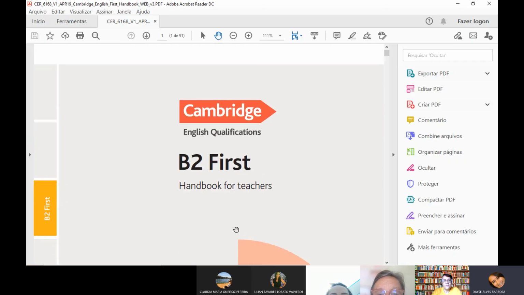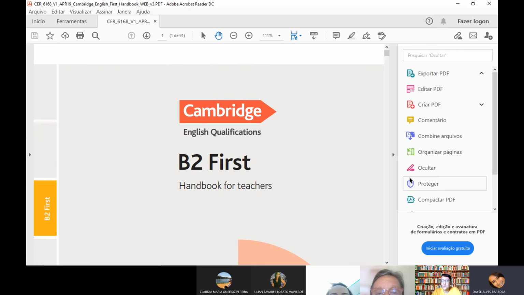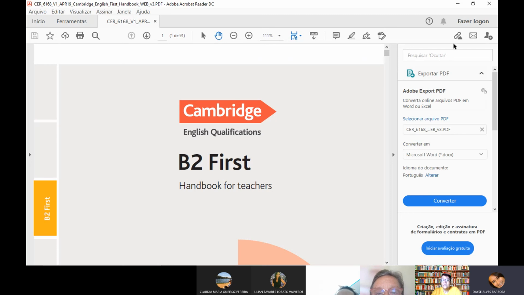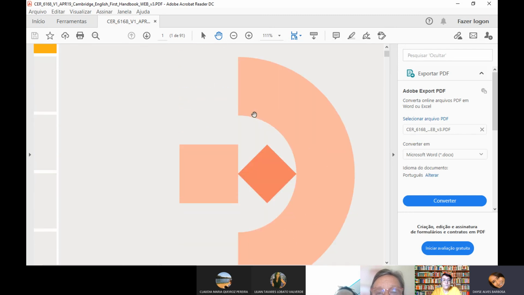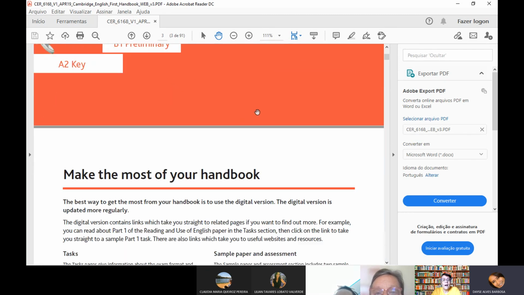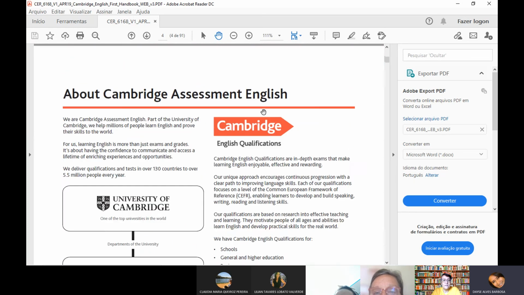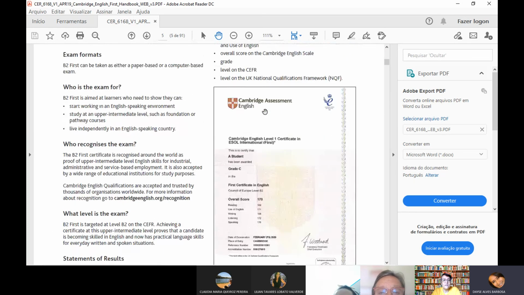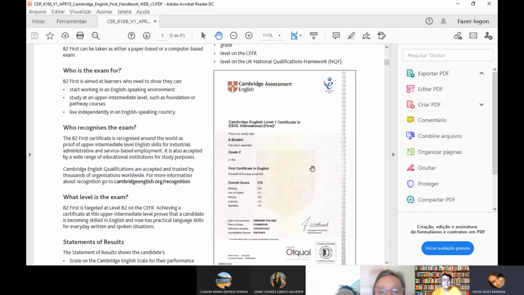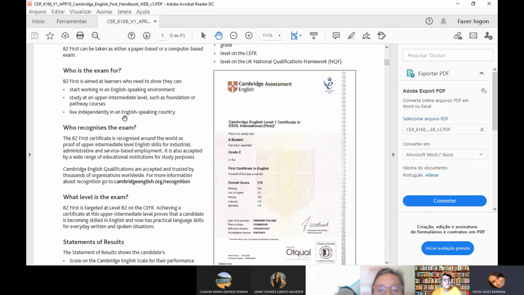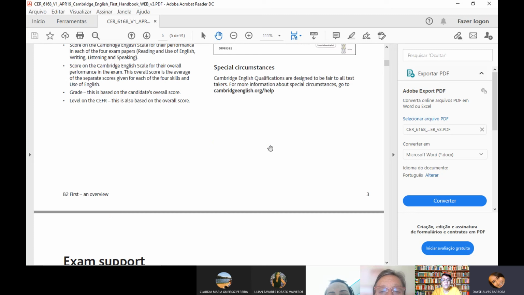This one, although it's written here, handbook for teachers, of course, the real candidate doesn't get it, but I decided to show it for you so that you know how the examiners evaluate you. So this is one example, one certificate sample.